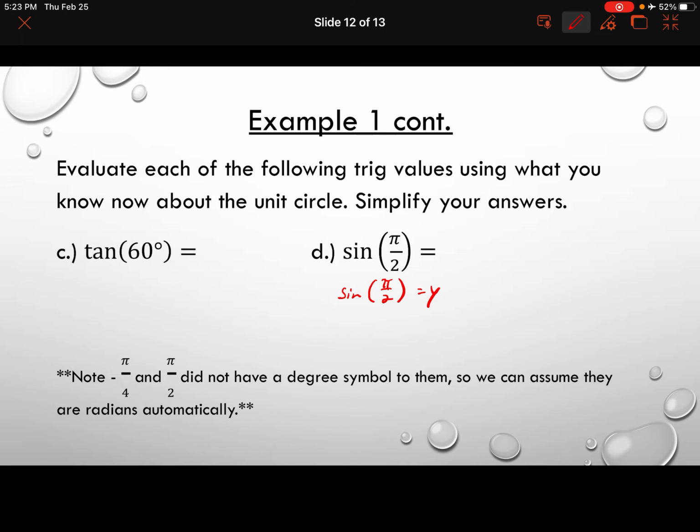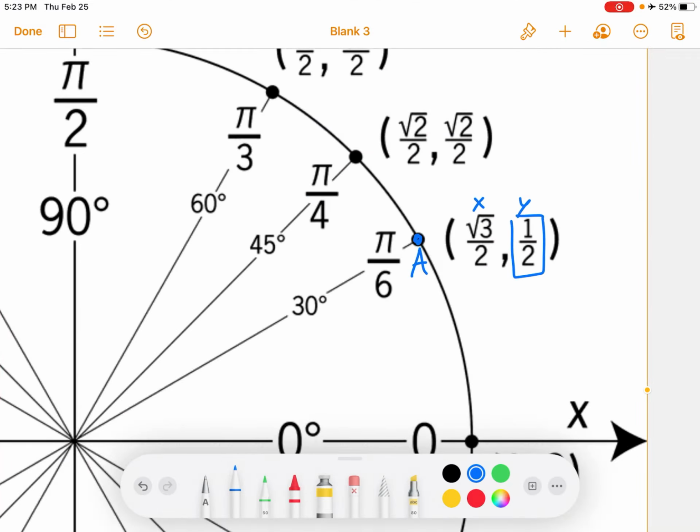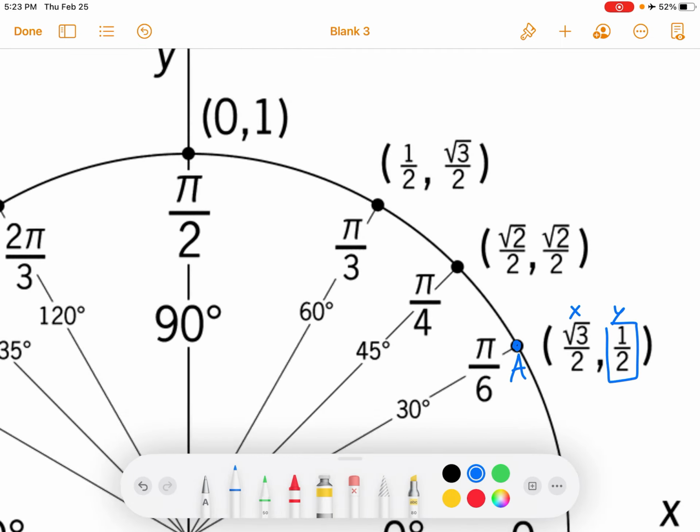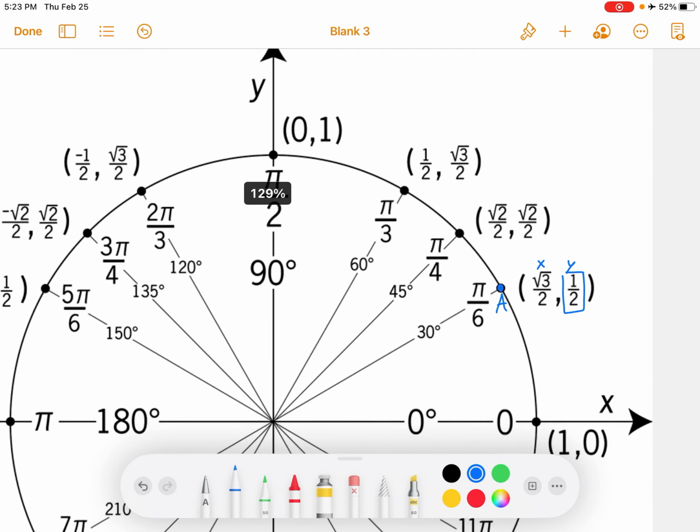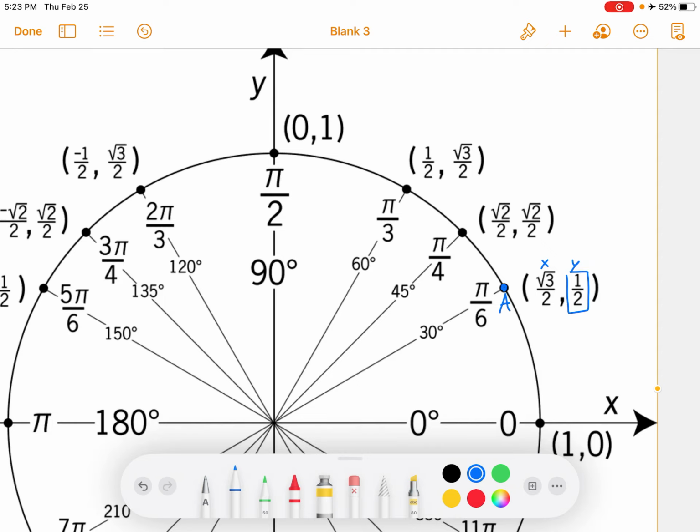So let's look up pi over 2 radians on our unit circle. Pi over 2, whether you remember this off the top of your head or not, ends up being a quarter of a circle. So it ends up being at the very top edge of your circle. That is where pi over 2 radians corresponds to.